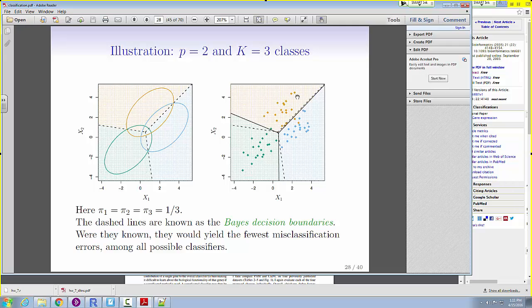If your PSA and age fall in the region shaded orange, you are classified to that group. If you're in this region, you're classified to that group, and if you're in that region, you're classified to that group. That's the Bayes classifier in this case. And it's not perfect. There's an orange diamond, for example, that is in the blue region. It would have been classified as blue, misclassified. It shouldn't be blue, but the best we could do, according to our model, is the Bayes one.